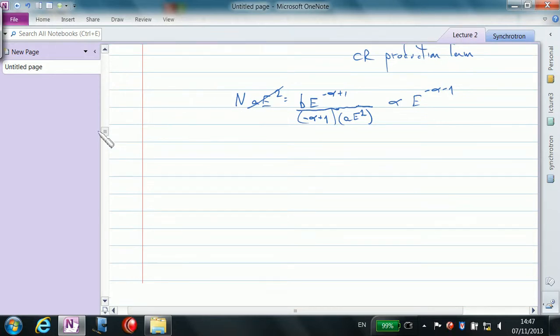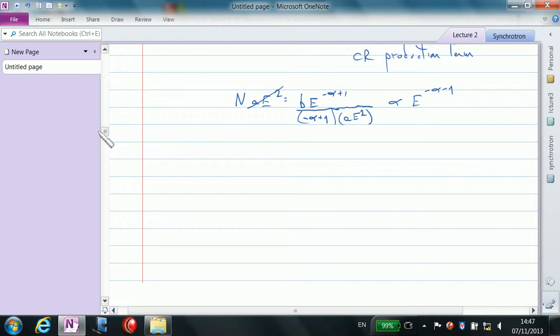And by the way, when they measure the cosmic ray spectrum, they see electron spectra that are E to the minus 2.7 or something, or E to the minus 3. And for radio spectra, they see alpha minus alpha plus 1 over 2. It comes out about right because they see spectra like 0.6, 0.7, 0.8, between 0.5 and 0.8 usually.